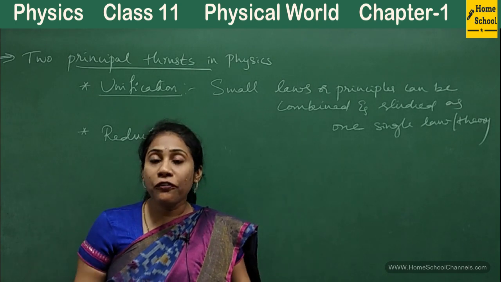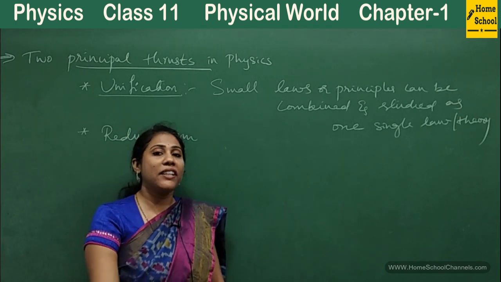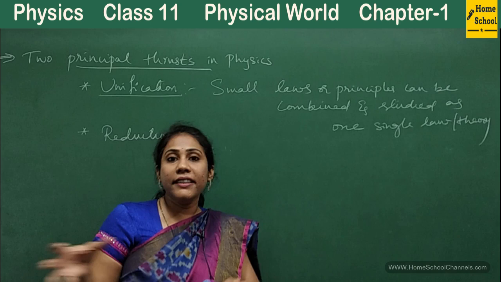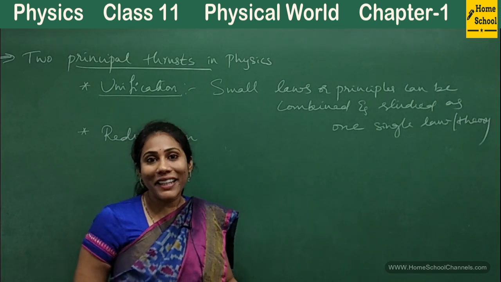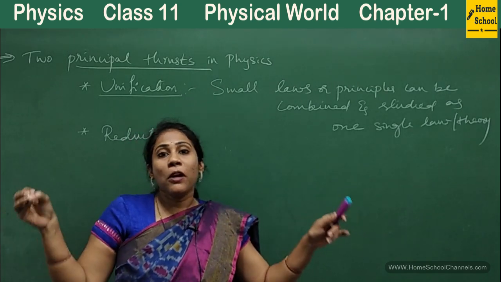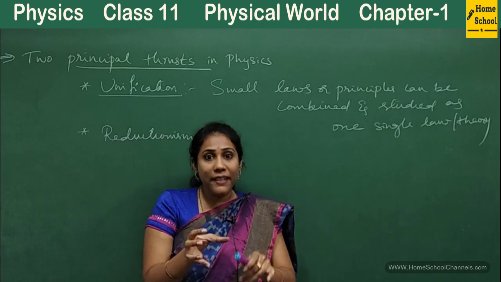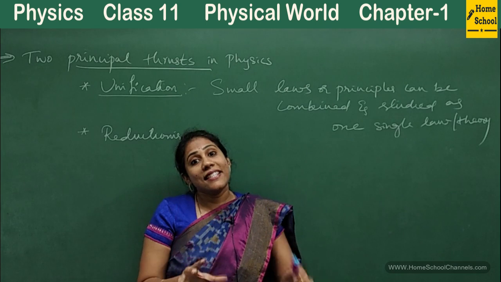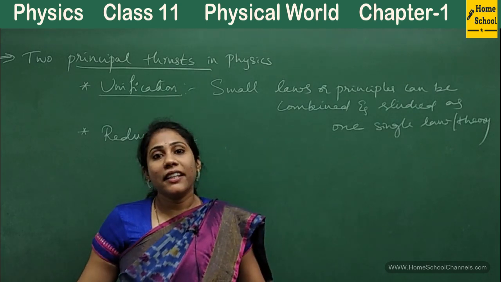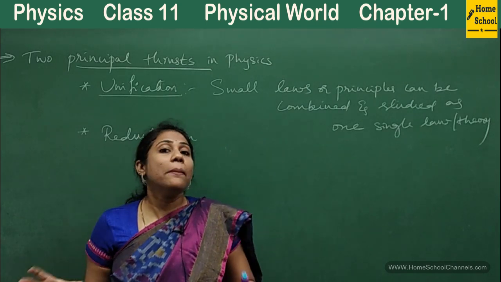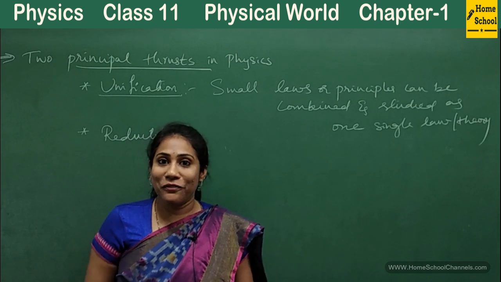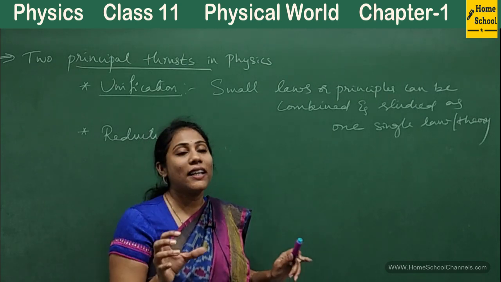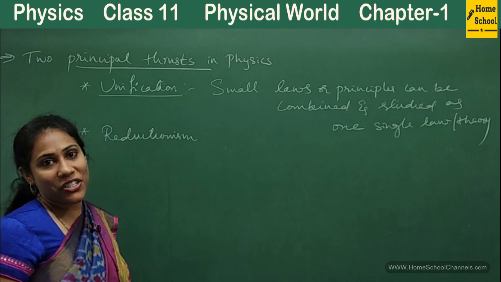In the theory of gravitation, we discuss all these small principles. So different small aspects which are common can be combined together and studied as one single theory, so that our study becomes more convenient and comfortable, right? So this is what we mean by unification.